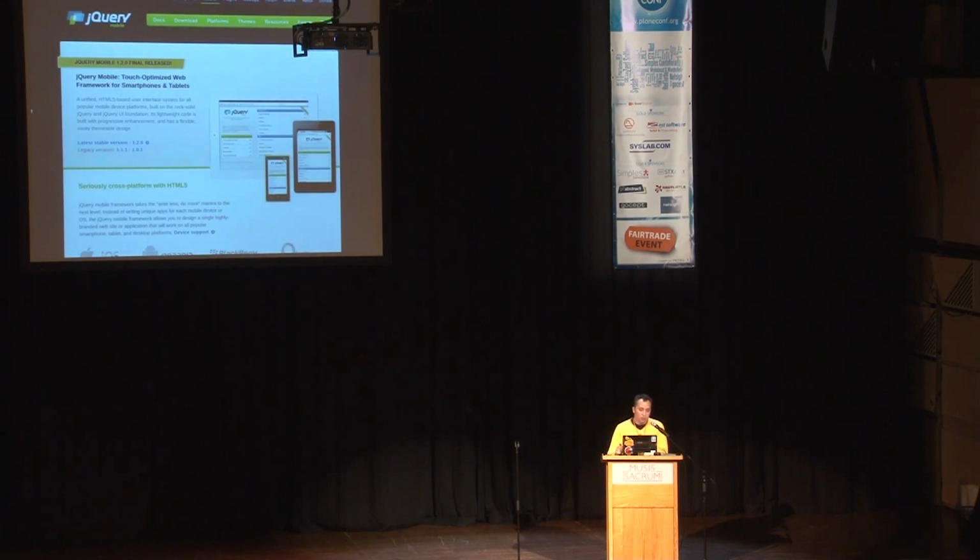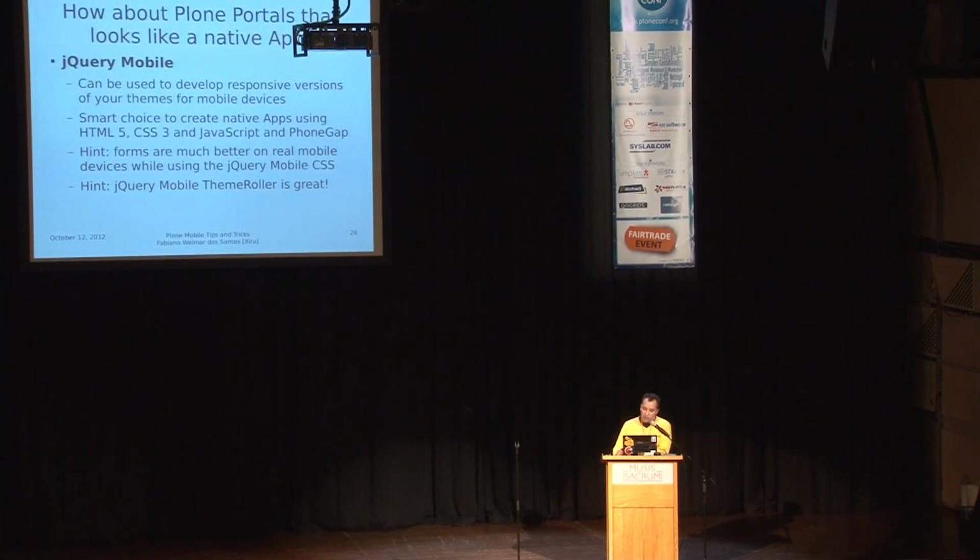It's very simple to use, and especially the CSS code, the styles shipped with jQuery Mobile, are great. So even if you decide to not use the framework, I think the styles could be used, and they are really, really great.